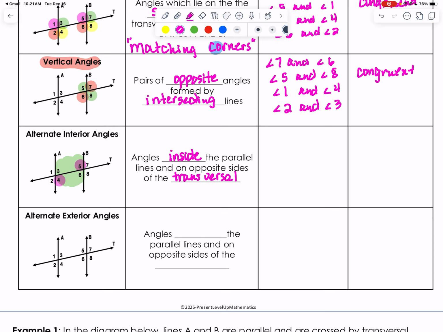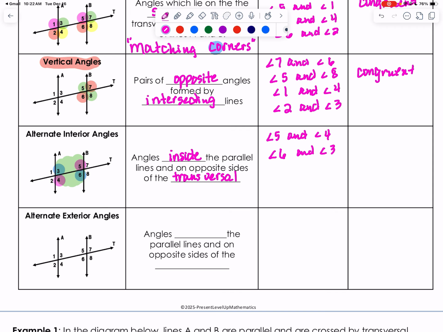Likewise, angle 6 and angle 3 would be alternate interior angles. So let's write this down. Angle 5 and angle 4, angle 6 and angle 3.